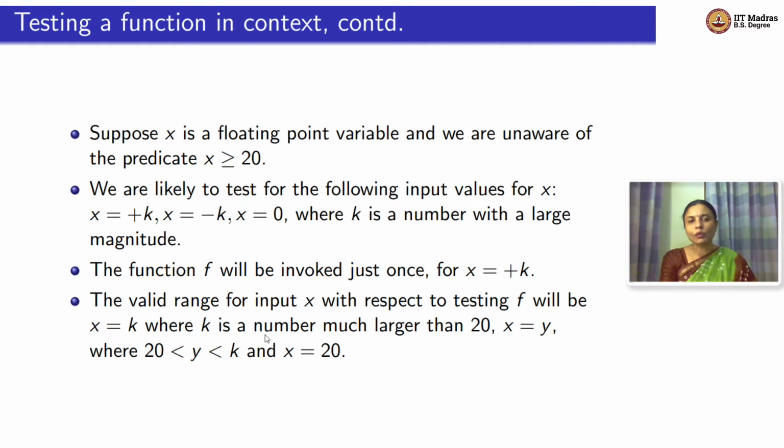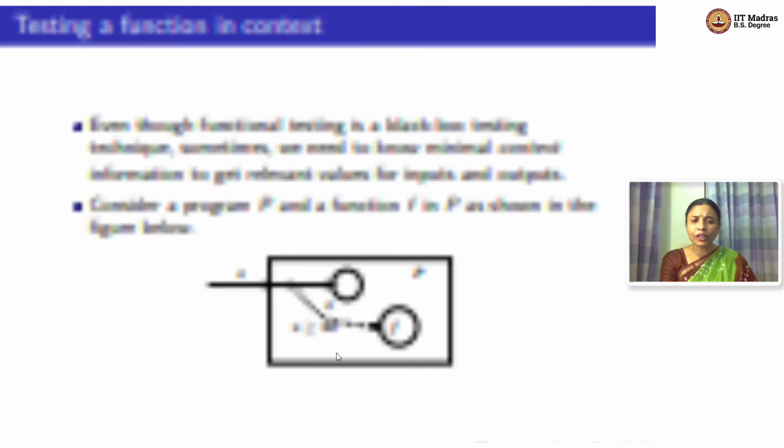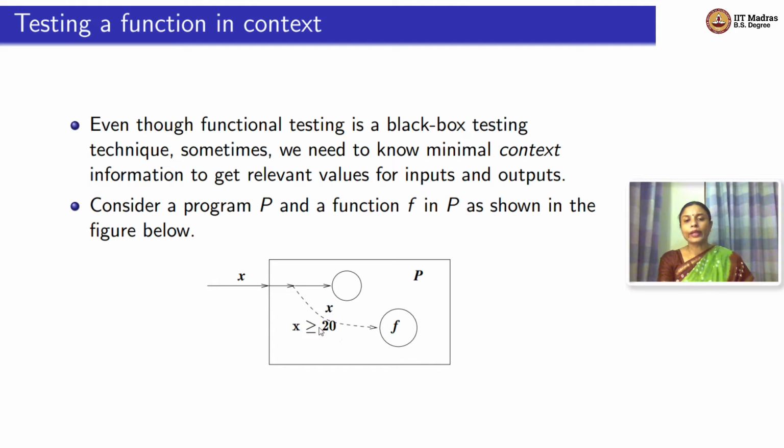So what I'm saying is we would have assigned test cases like this: x equal to k, where k is some number larger than 20, and around the boundary of 20, x is equal to y, where y varies between 20 and this number k that we picked earlier, and we would have tested at 20 also. Because this function was reachable only for values greater than or equal to 20. So if I had to test this function specifically, it would not have been useful for me to give values of x less than 20, negative, 0, or any value of x less than 20.